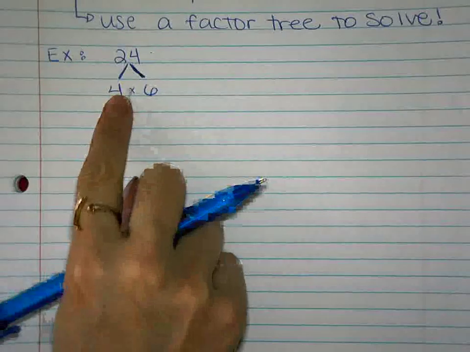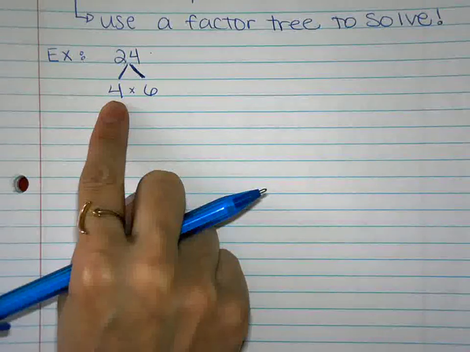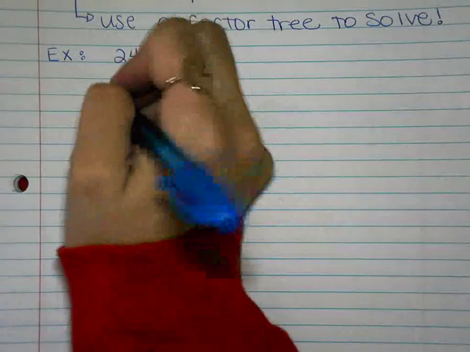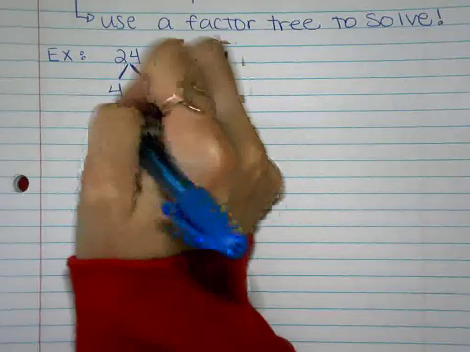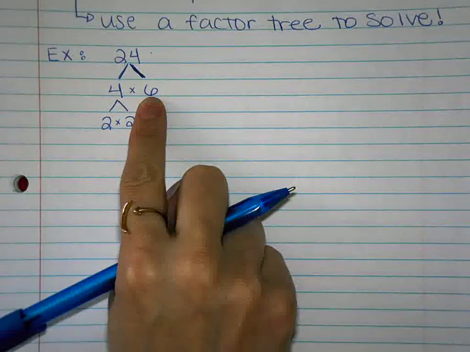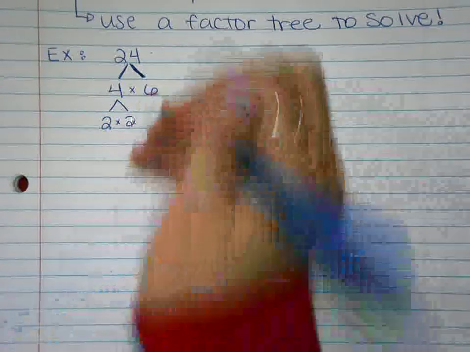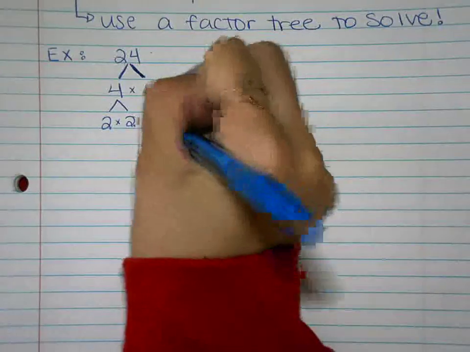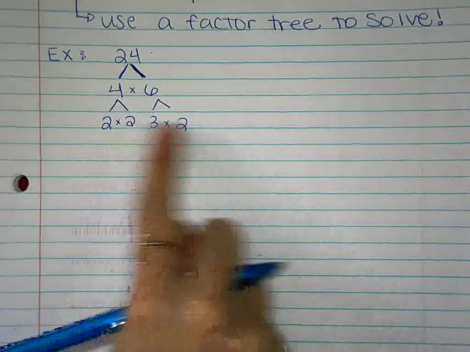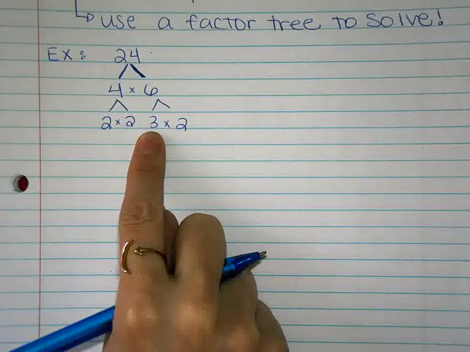So then I ask myself, is 4 prime? No, it's not. It's still a composite number. So what times what is 4? Well, 2 times 2 is 4. So I break that up and I write 2 times 2. Then I ask myself, what about 6? 6 is also composite, so what times what is 6? 3 times 2 is 6. 2, 2, and 2 are all prime numbers. 3 is a prime number.